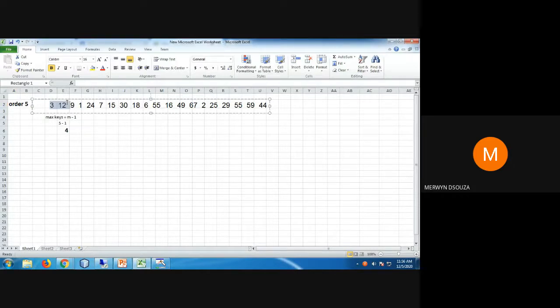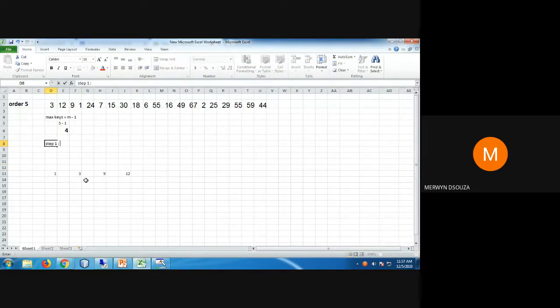So you start with this. You take these four values and you will insert them. Okay. I'll just show you here quickly. So when you are arranging them, you will arrange them in sorted order. So you will have 1, 3, 9, 12. Okay. You can write here step 1.